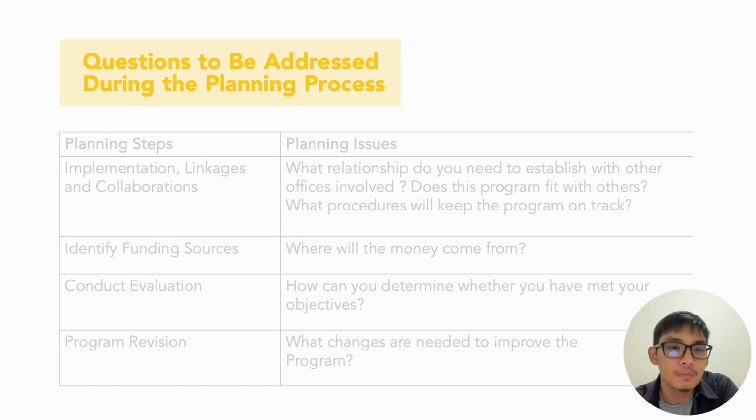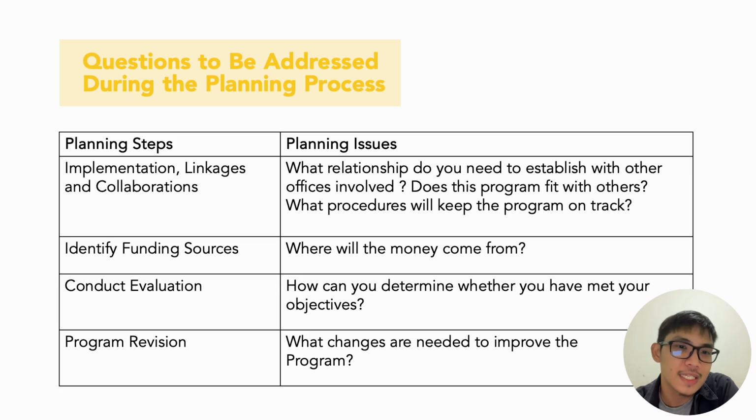The next step is implementation, linkages, and collaborations. After identifying what offices in our school are involved in our program, we then have to describe at least the kind of relationship we need with these offices. For example, will we collaborate on their manpower, will we collaborate on their facilities, right?